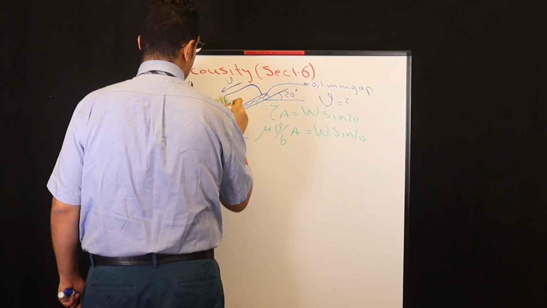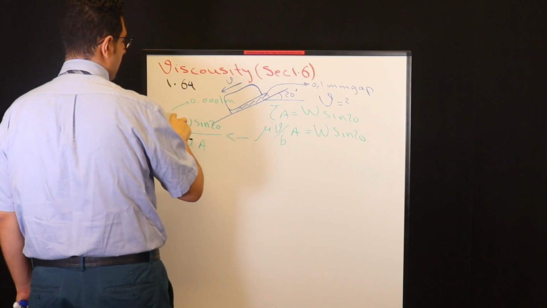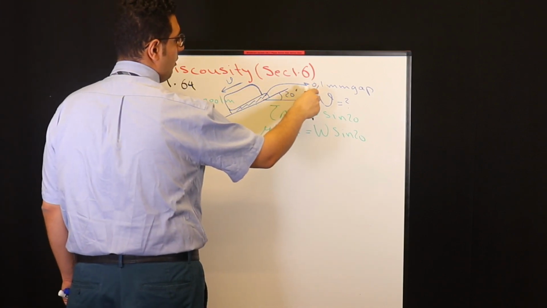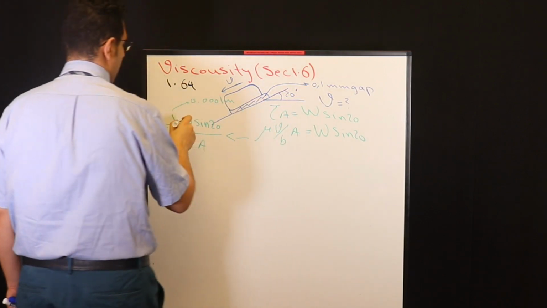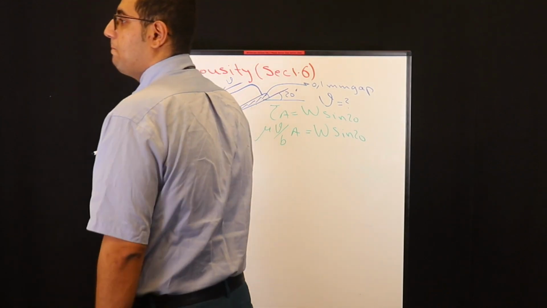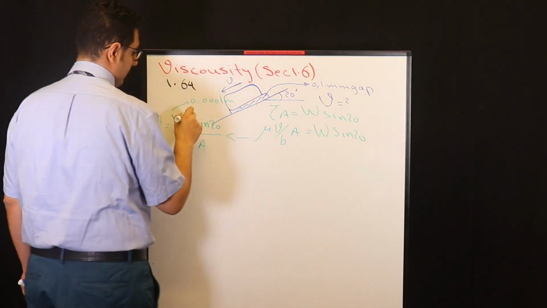Based on the question, we have B as 0.001 meter, because this is the gap, which is 0.1 millimeter, and the weight is 10 kilograms.